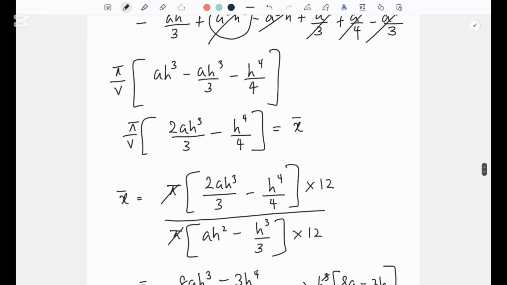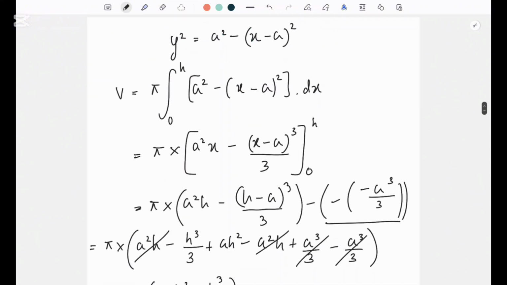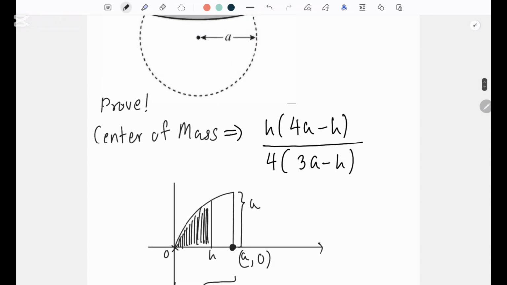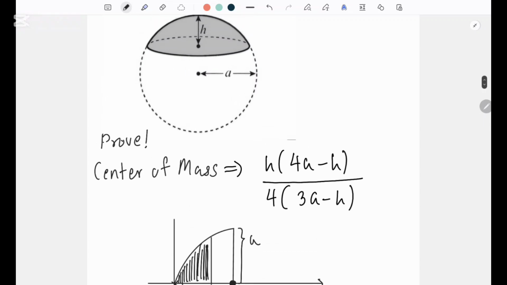But remember, this center of mass is from the origin, okay? So it's from the origin. And I forgot to mention that this center of mass is proven from the surface. So I'll just write in brackets, from the surface. Because you know the book, in the textbook, it's a long question, so I just didn't want to fit that into the video.